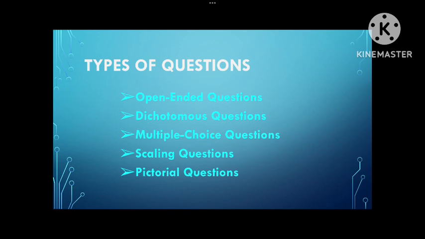Next one is multiple choice questions. Multiple choice questions are a closed ended question type in which a respondent has to select one or many responses from a given list of options. The multiple choice question consists of an incomplete stem, right answer or answers, incorrect answers, close alternatives, and distractors.